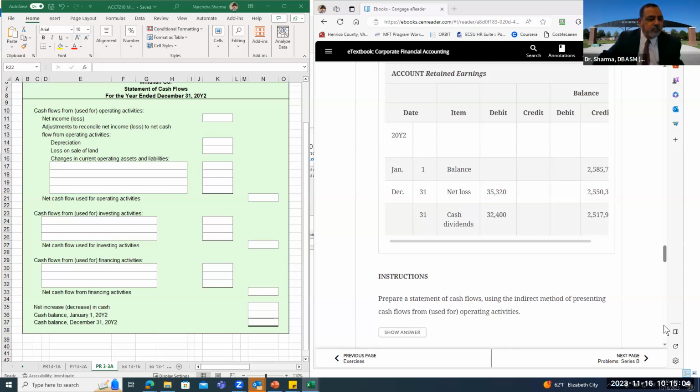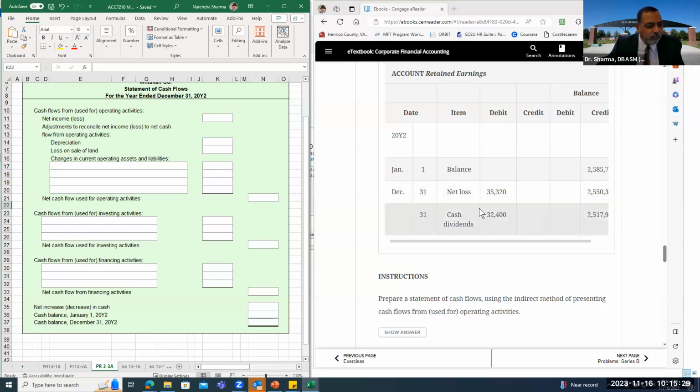So what we have to do is figure out from where you are going to get the net income. Remember, as I said to you, net income will be either given in the income statement or in the retained earnings statement. So here we have a retained earnings statement as one of the items given to us.